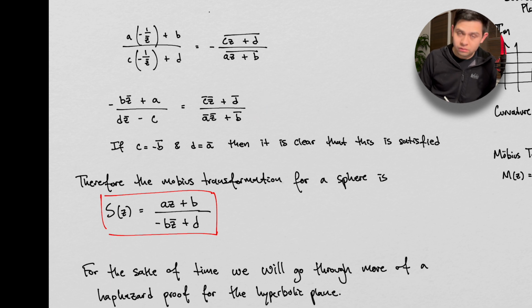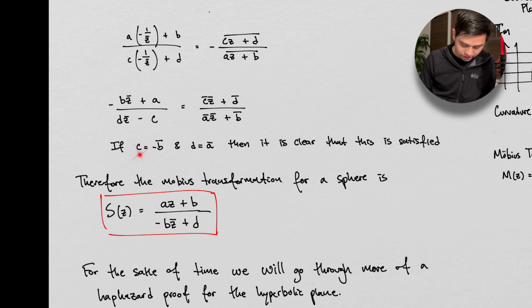And if we stare at this long enough, you can see that if C is equal to minus B, not inverse, sorry, the complex conjugate, and D is equal to A, then it's clear that this whole thing actually becomes satisfied. And you can plug that in.